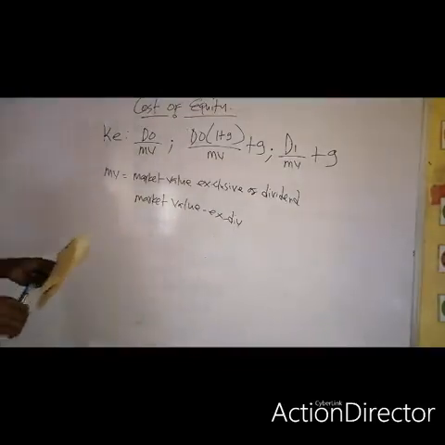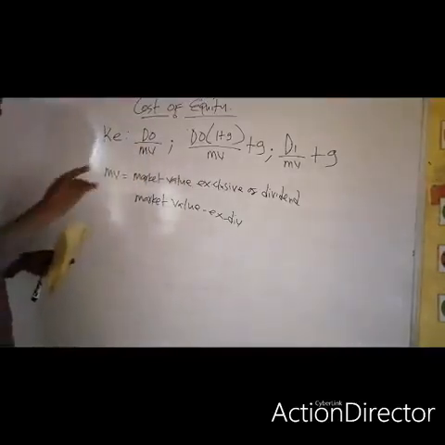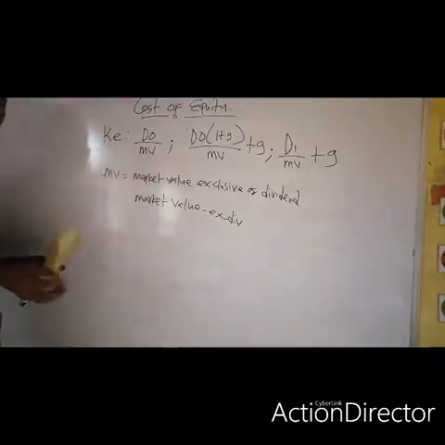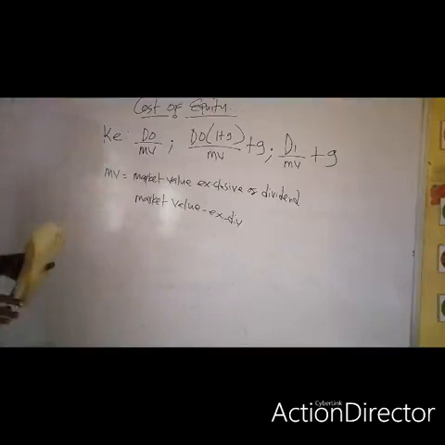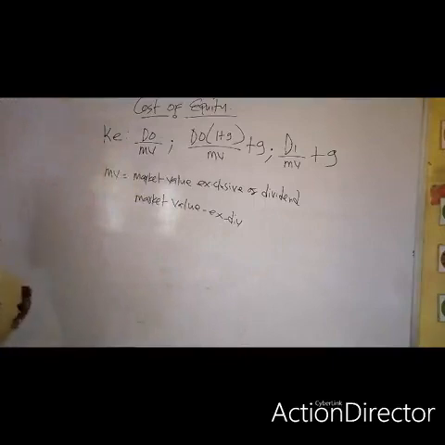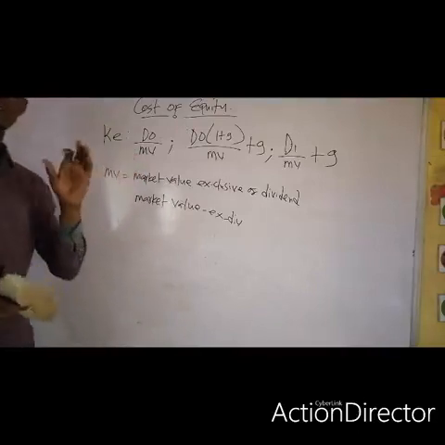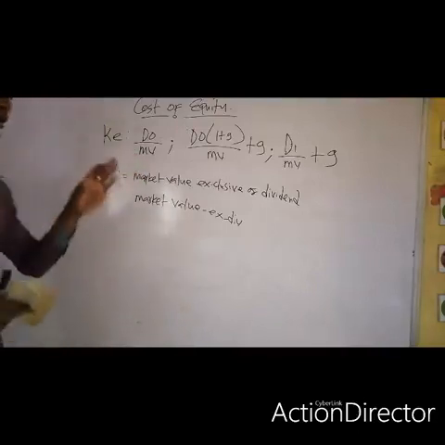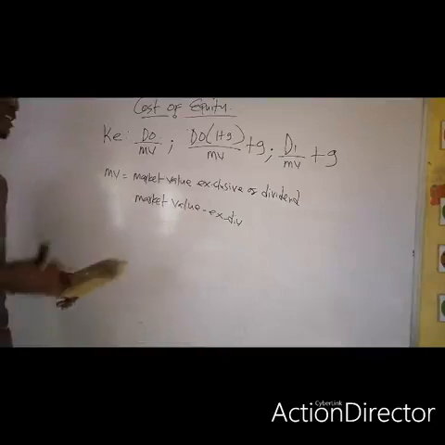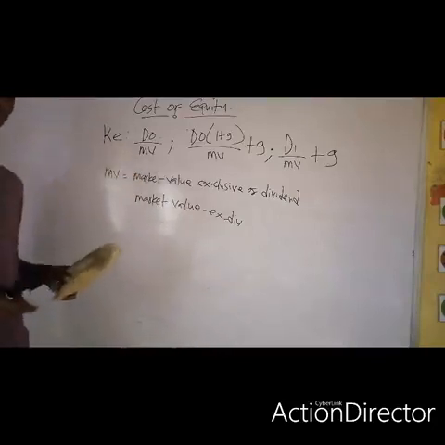What do you mean by that? The market value I'm going to use here must be exclusive of dividend. That is, it must not include dividend. How do we know whether market value is inclusive of dividend or exclusive of dividend? If market value is inclusive of dividend, you must adjust it.